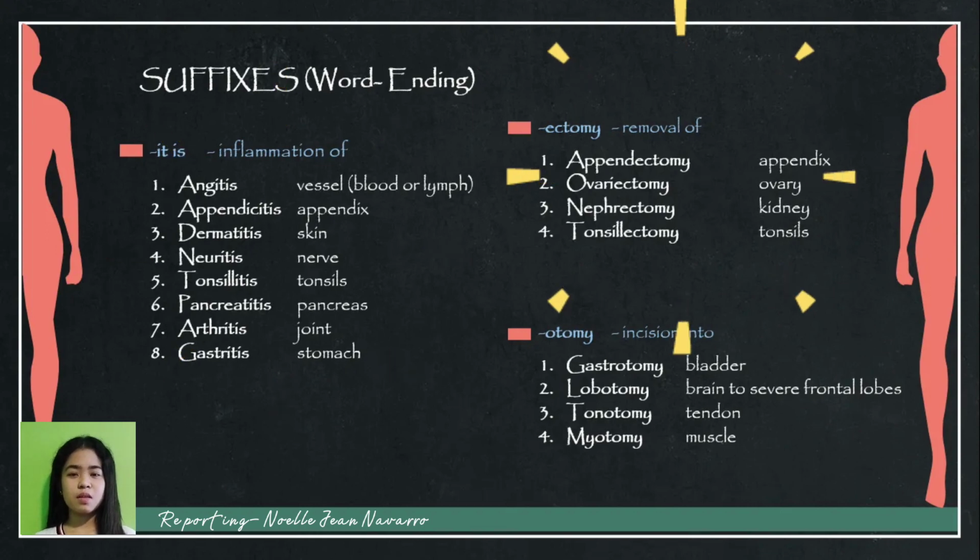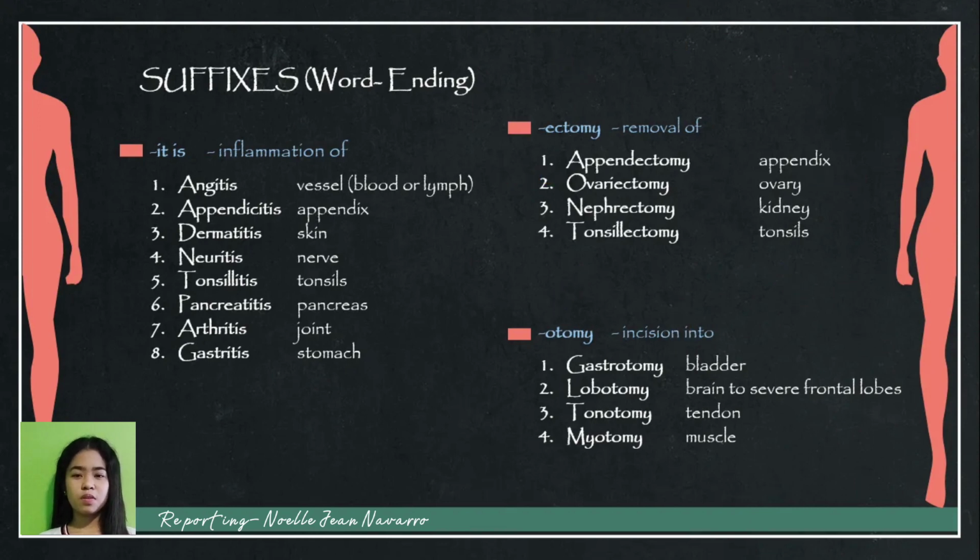Next is the terms with the suffix of ectomy or removal of something. First is the appendectomy, refers to surgery to remove the appendix. Second is ovariectomy, surgical removal of one or both ovaries. Nephrectomy, surgery to remove the kidney. Tonsillectomy, surgical removal of the tonsils.